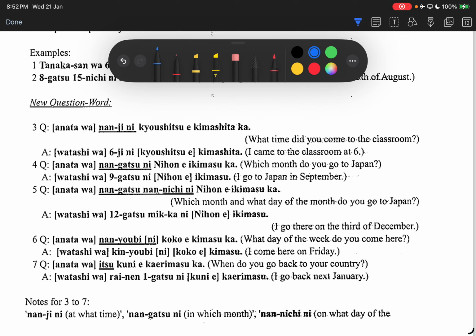Number 6, 何曜日にここへ来ましたか? So 何曜日 is very vague. I told you it must be a time expression with number. But then the days of the week where got number? Right? So that's why they put square bracket. Optional. Okay? But however, you can feel free to put it. Because if you think about it, the days of the week, right?